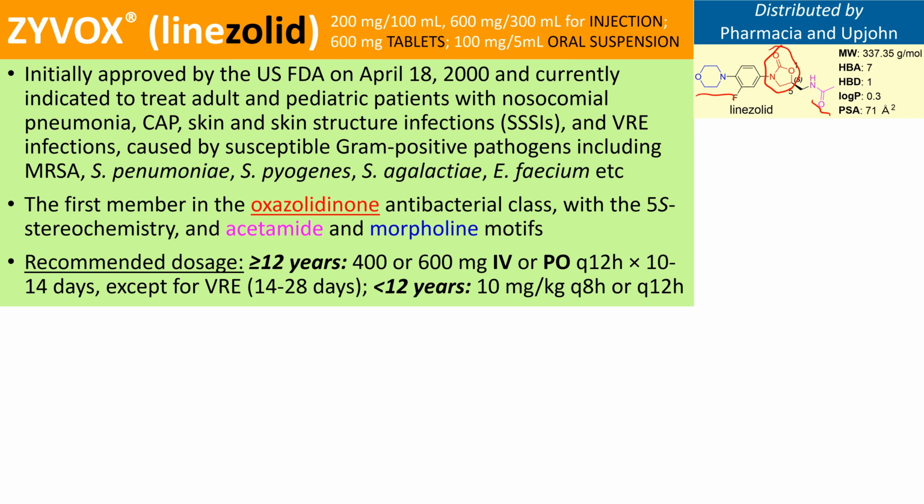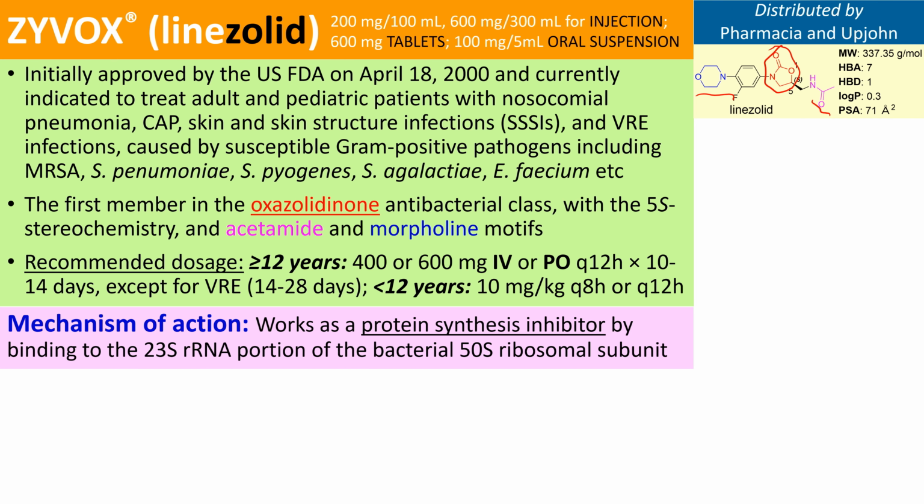Recommended dosage for adults and adolescents 12 years and older: 400 mg or 600 mg intravenous or oral every 12 hours for 10 to 14 days, except for VRE, which is for 14 to 28 days. For pediatric patients birth through 11 years of age, it's weight-based dosing, 10 mg per kilogram every 8 hours or every 12 hours. For specific indication and dosing, see full prescribing information for details.